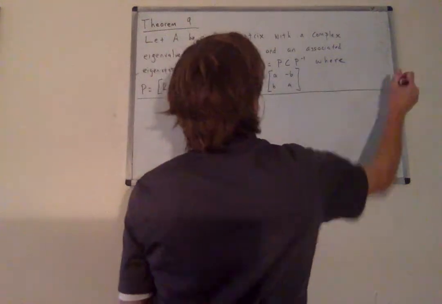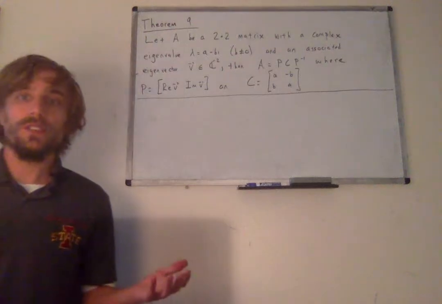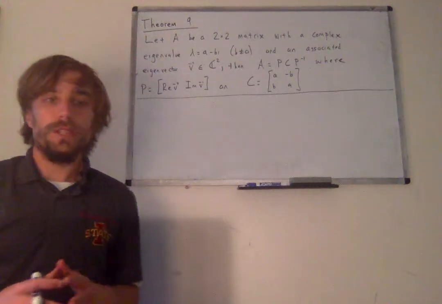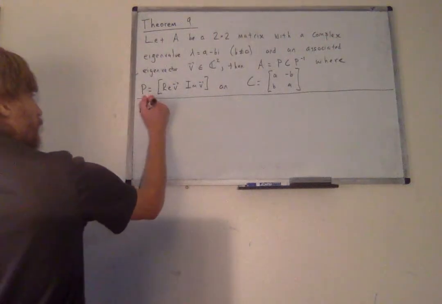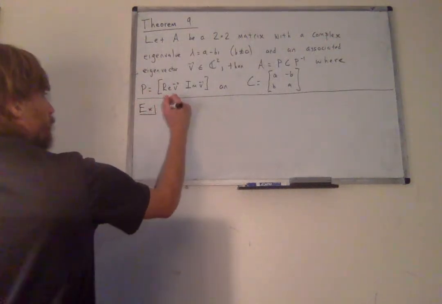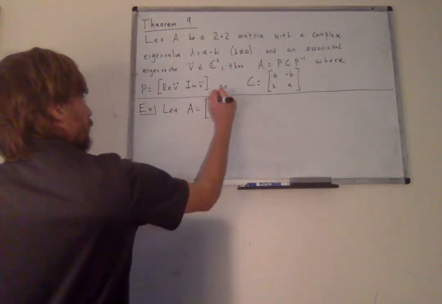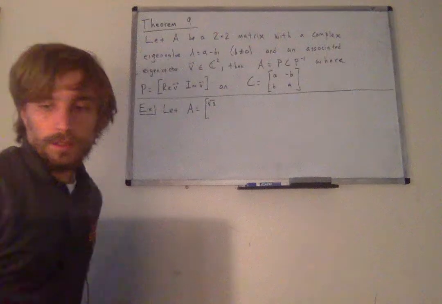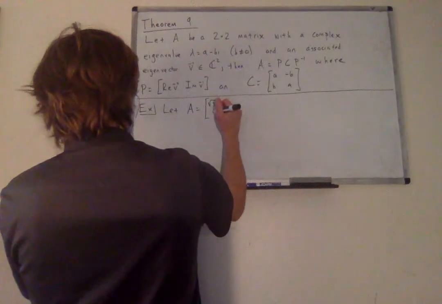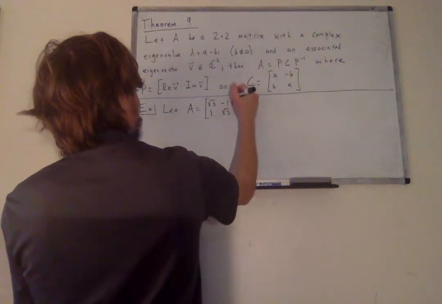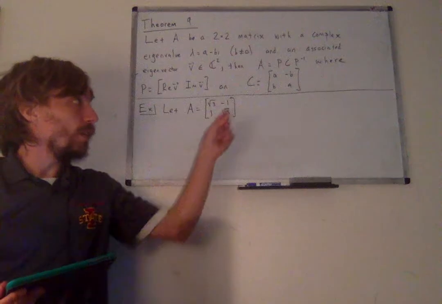And so that's the big result of this section: it turns out every matrix with complex eigenvalues is a rotation and a scale. So I want to finish with one concrete example. We're going to let A equal the following matrix: root 3, negative 1, 1, root 3. Notice A is already of this form.